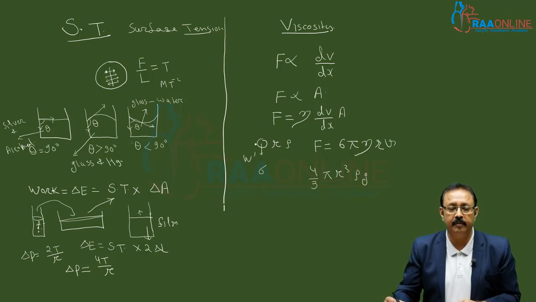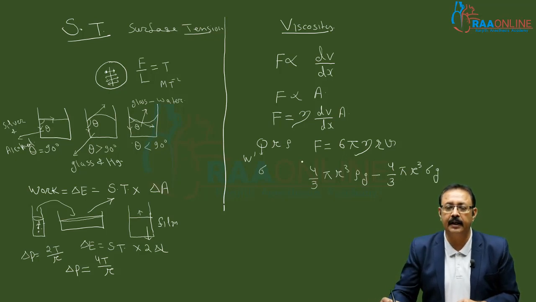But when this metallic ball goes in the liquid, it will displace the same volume of liquid, and there is a change in weight: the upthrust should be equal to the weight of the displaced liquid. It is the liquid's density.